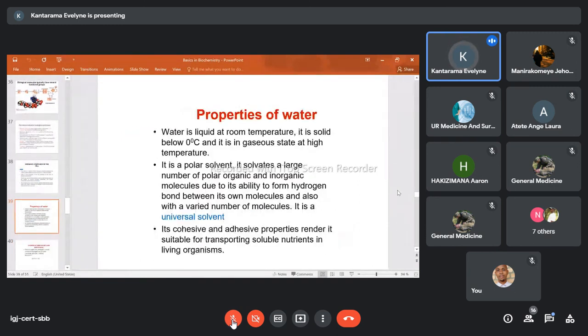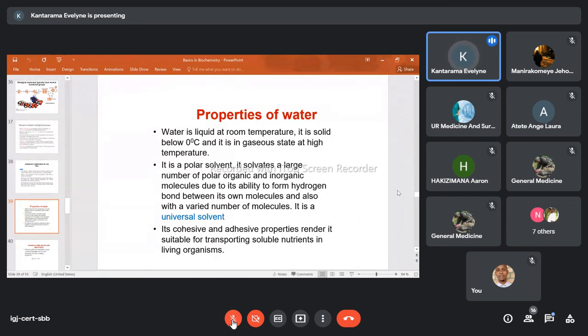I think in your assignment, you have to talk about the properties of water. So much of the remaining slides here is in your assignment. Even if you have other questions in the previous slides, about the properties of water, it's up to you to read. Water is a universal solvent. This is common.